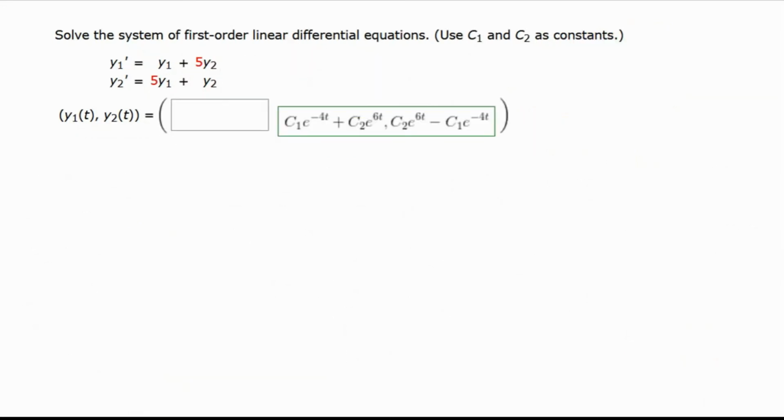Well, let's keep digging. So here we need to write this. We extract the matrix A. So this is 1, 5, 5, and 1. And so now from here we want to solve for the eigenvalues.